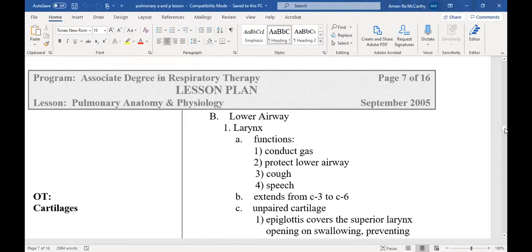It's there to help with speech and cough. The larynx functions as a conductor of gas. It protects the lower airway. It helps with cough, and it helps with speech. And they said it extends from C3 to C6, like we said in the PowerPoint.